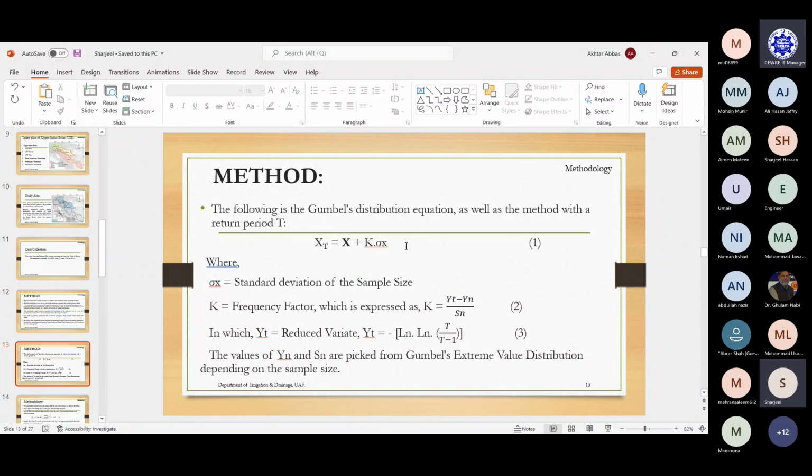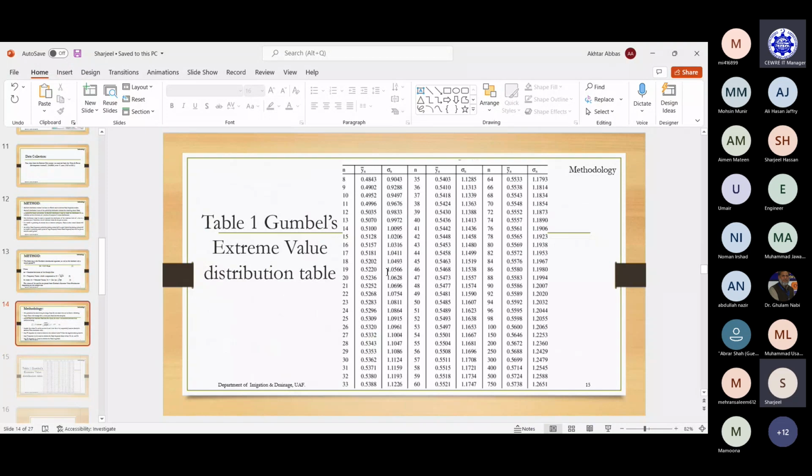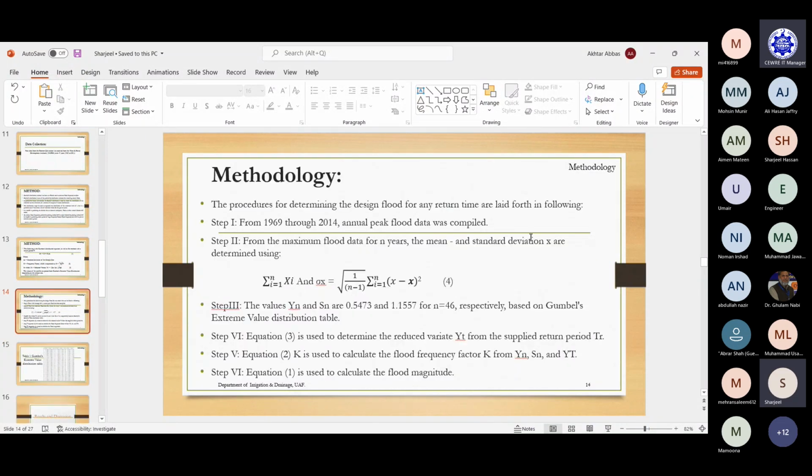Here are some equations. Xt is equal to x̄ plus K sigma x, where Xt represents the flood at return period T, K represents the frequency factor, and sigma represents standard deviation. Methodology. From 1969 through 2014, annual peak flood data was compiled.